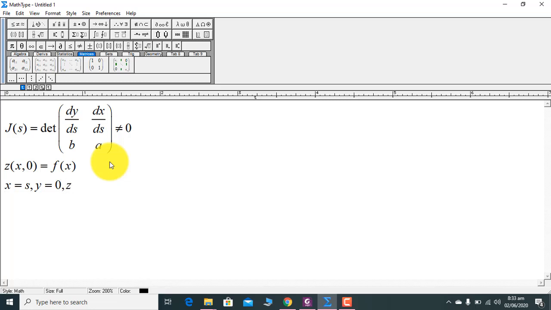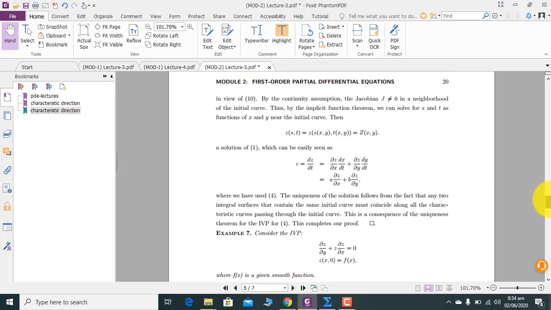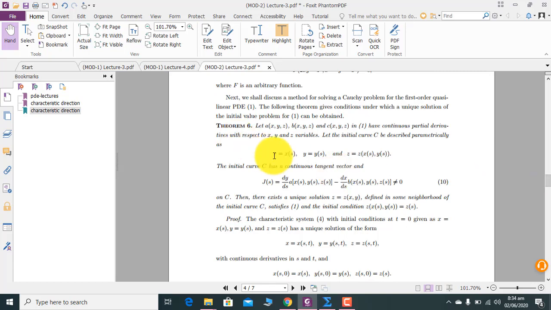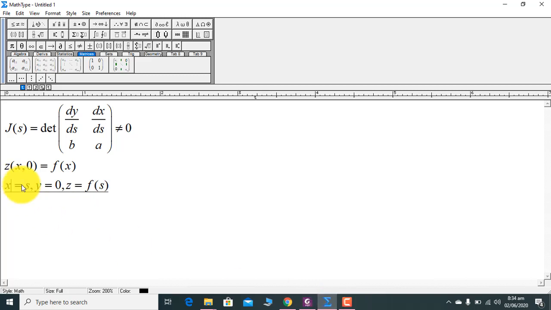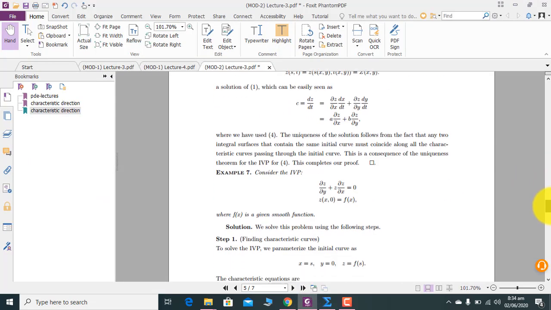Z will become f of s, because x is replaced by s. This is the procedure to parameterize. If you go back to the theory, we have done the same there in the theorem statement. What is x of s? X of s is s. Y of s is 0 and z of s is f of s. So this is the way to parameterize your initial curve.